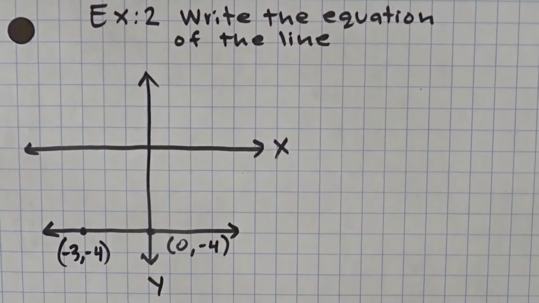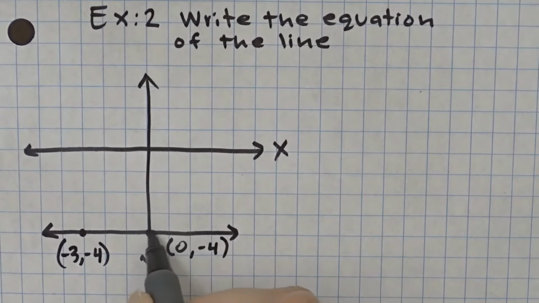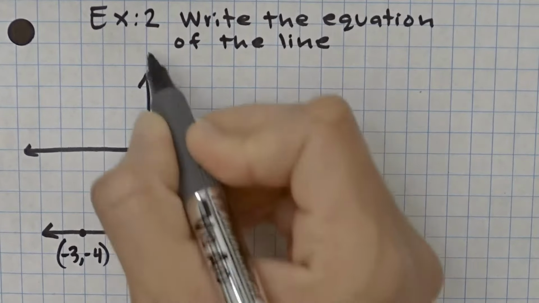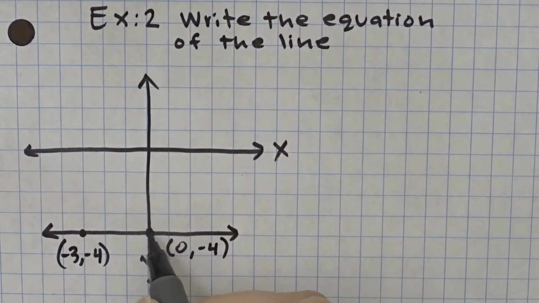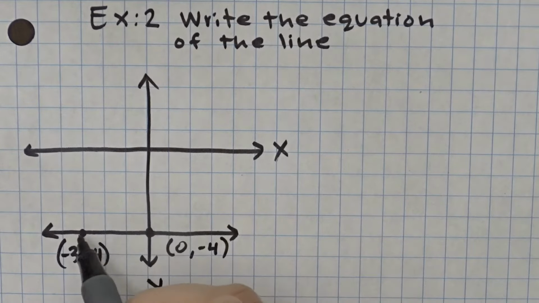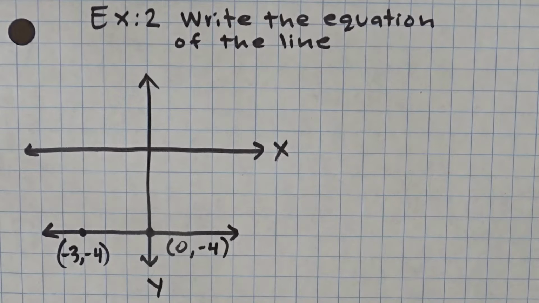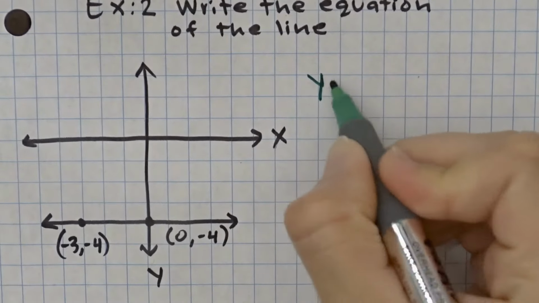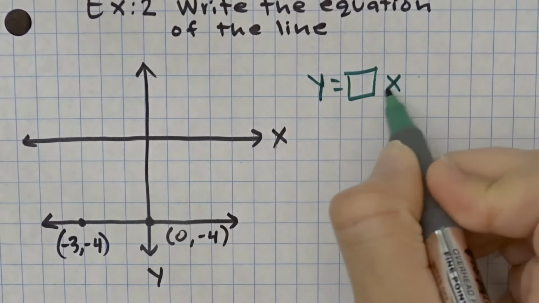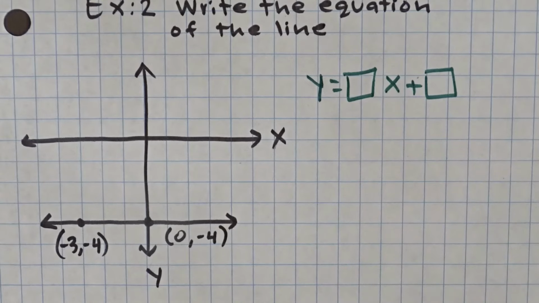So given these 2 points, I'm going to use the same thing. I was here at home on Y Boulevard in my house, and I traveled to this point here. What was the path taken? So we're going to fill in this equation, mx plus b.